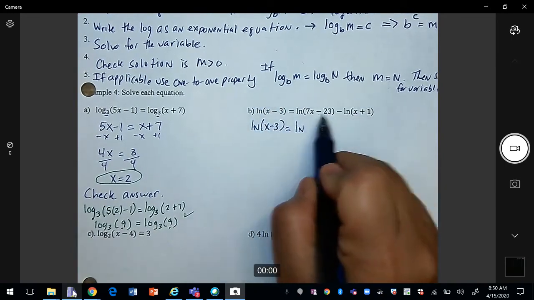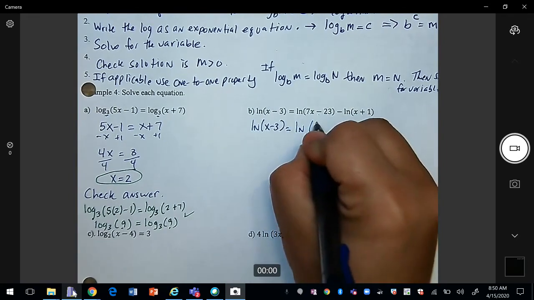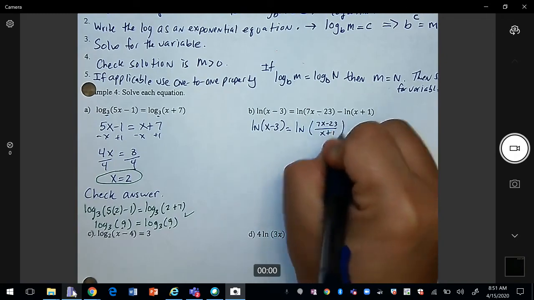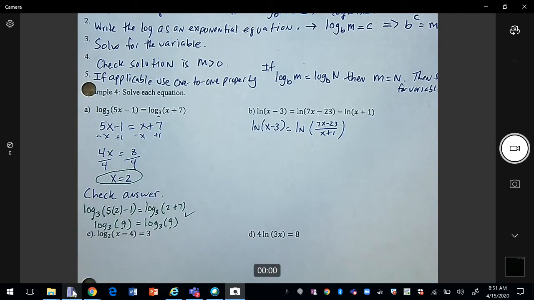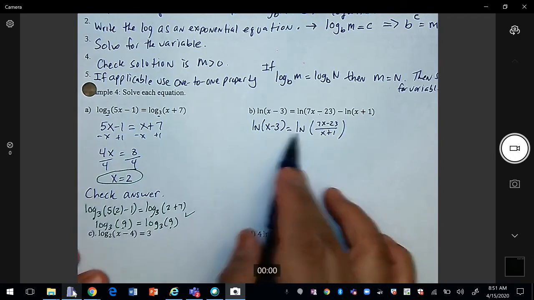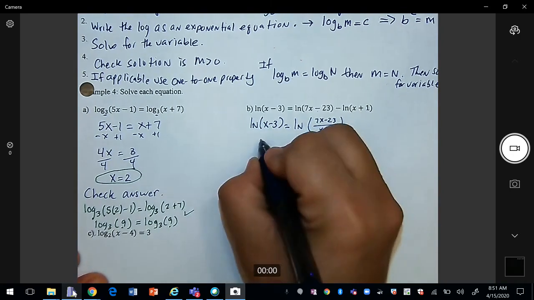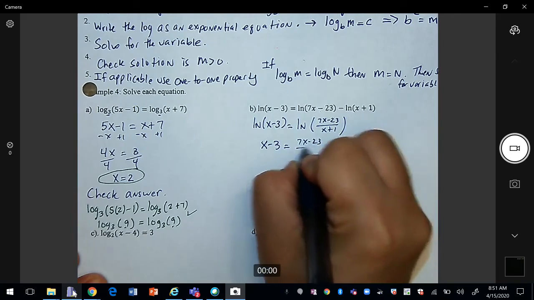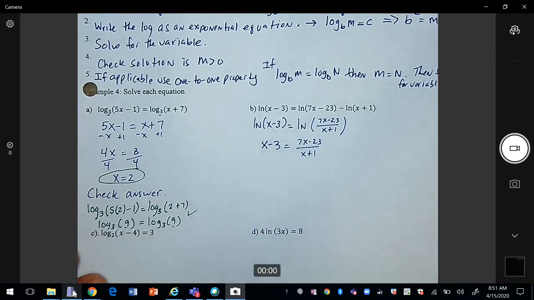Since I'm subtracting here, I can put these together as division using the quotient rule. And so now I'm left with just 2 logs with the same base. So I can set x minus 3 equal to (7x minus 23) divided by (x plus 1).